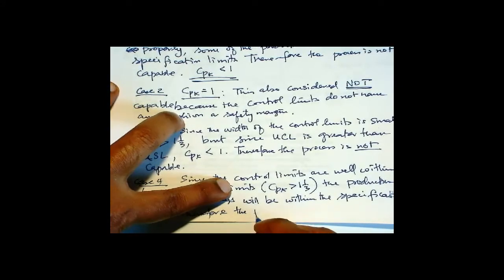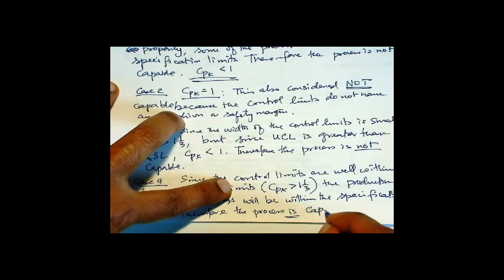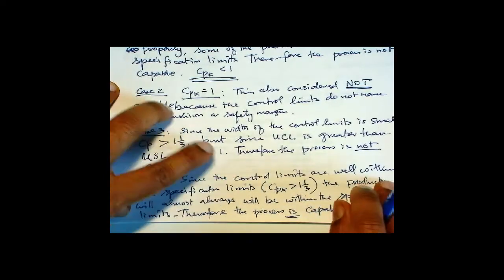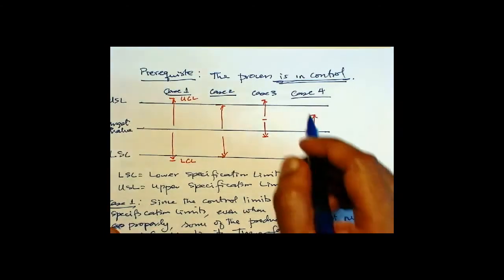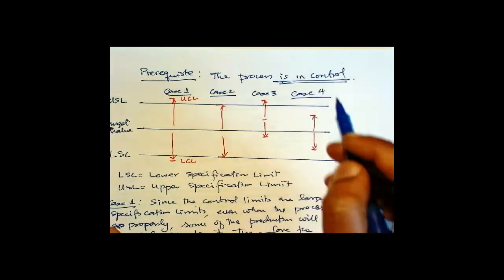Therefore, the process is capable. Okay, remember, don't write is in control, because the prerequisite is the process is in control.